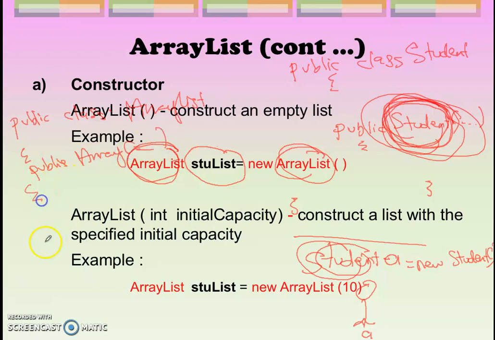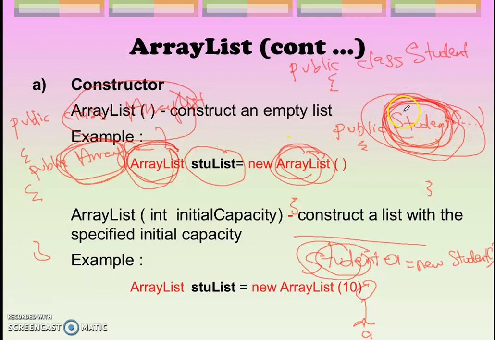Okay, so nak ceritanya kat sini, class array list ni, you do not need to create this class because we just call it or we just import it from Java package. So you can just simply use this method or constructor array list ni. Okay, bila nak create nama array list to list ni, so kita boleh gunalah array list ni.